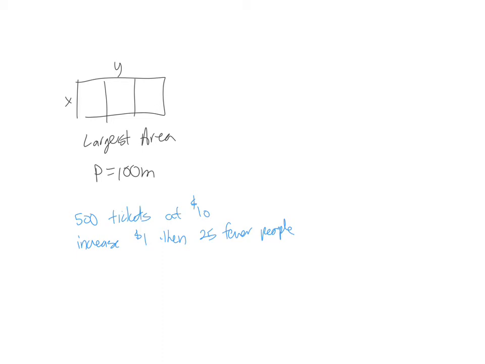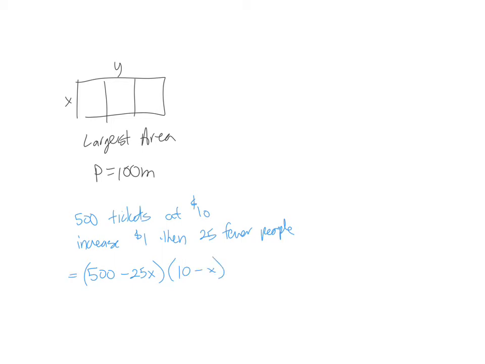Maybe let's do this one. If we had 500 tickets at $10, we would just multiply those to get a $5,000 profit. So if we have 500 people, but if we increase the price by $1, we lose 25 people per dollar. So we call x our number of increases. Then our money would be 10 minus 1x.